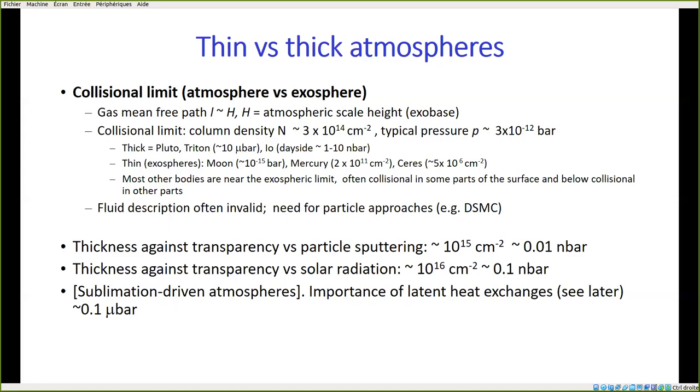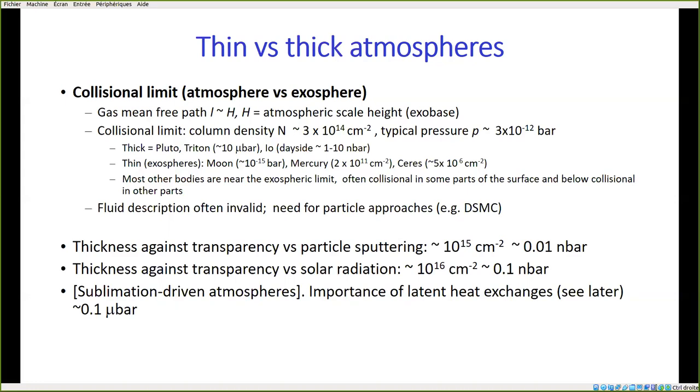For sputtering, the typical penetration depth is of the order of 10 to the 15 molecules per square centimeter in an atmosphere. So the pressure limit for an atmosphere to be thick against this process is about 1/100th of a nanobar.